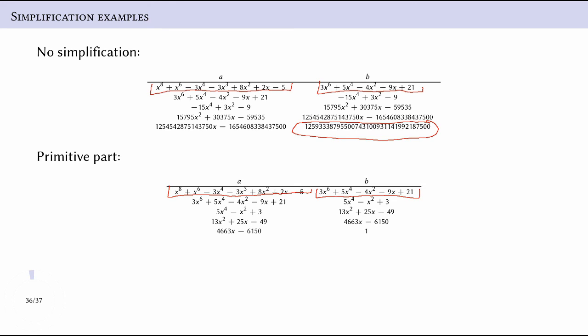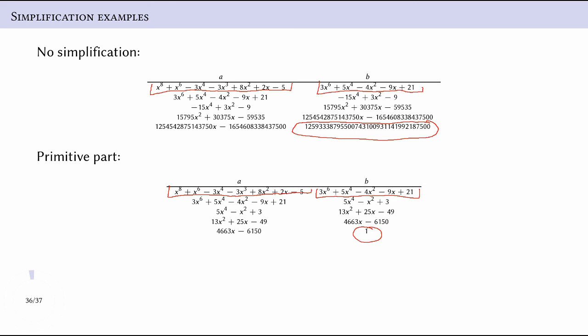On the other hand, the last step of this algorithm is to take the primitive part of it. The primitive part of a single coefficient, a constant polynomial, is 1. So we get 1. And here we get 1 immediately because we take the primitive parts.